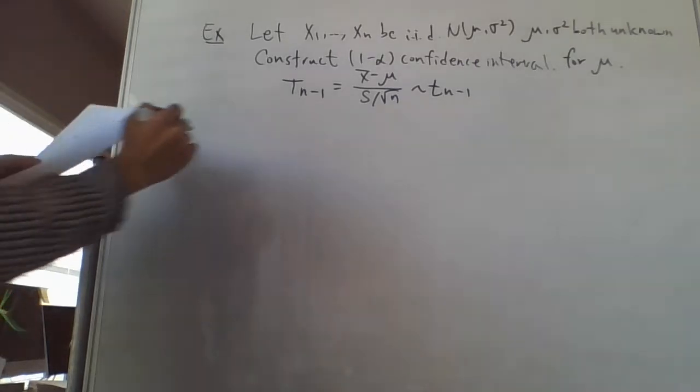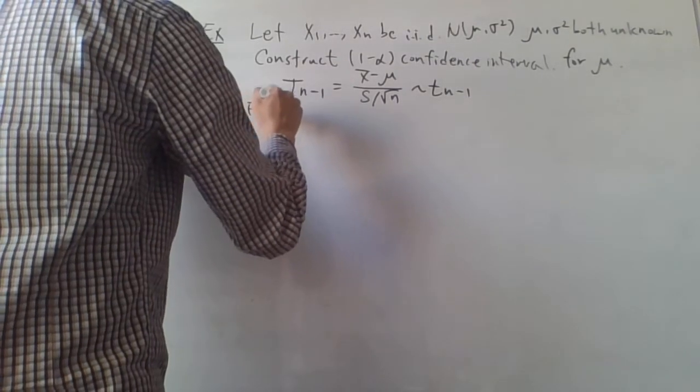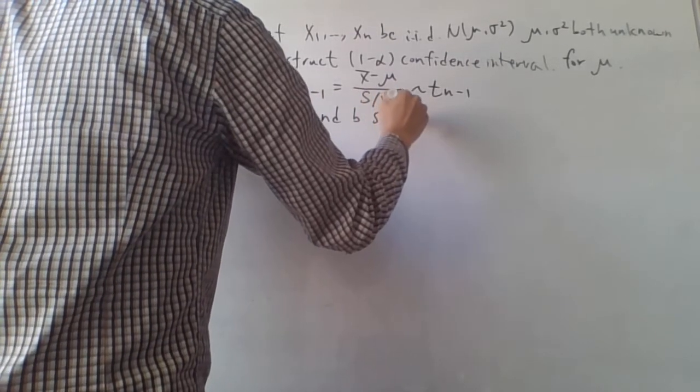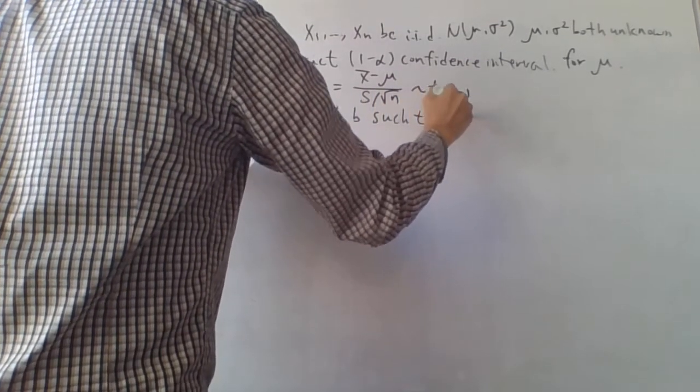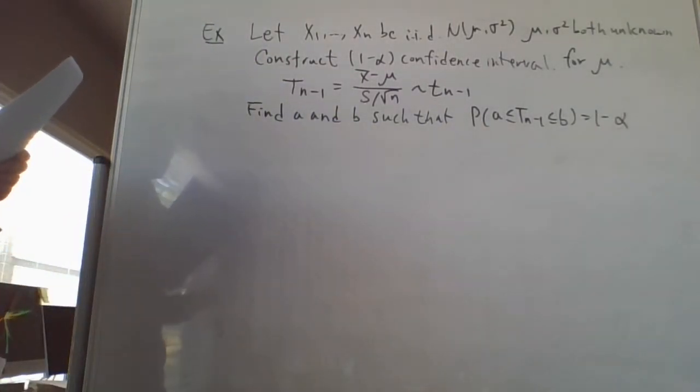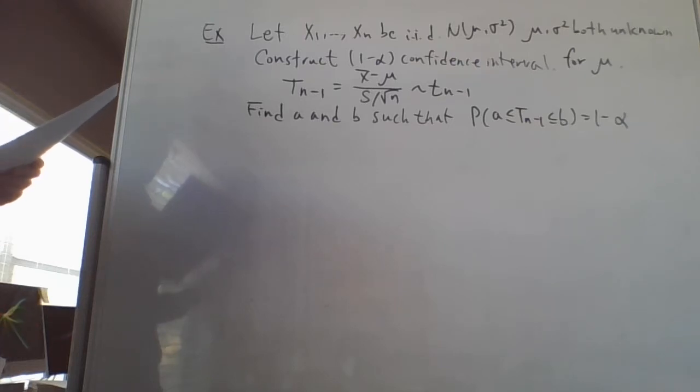If we were to find A and B such that the probability that T n minus 1 is between A and B is 1 minus alpha.